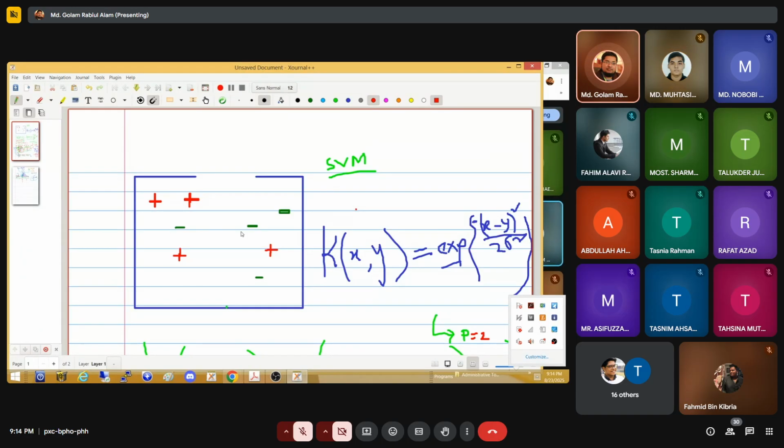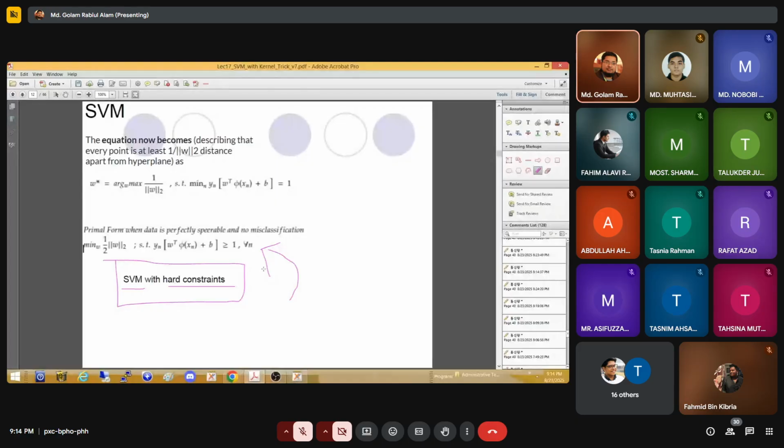Okay, then we can continue our discussion. So now our target is to find out a support vector machine objective function considering the soft constraint. That means allowing some misclassifications.